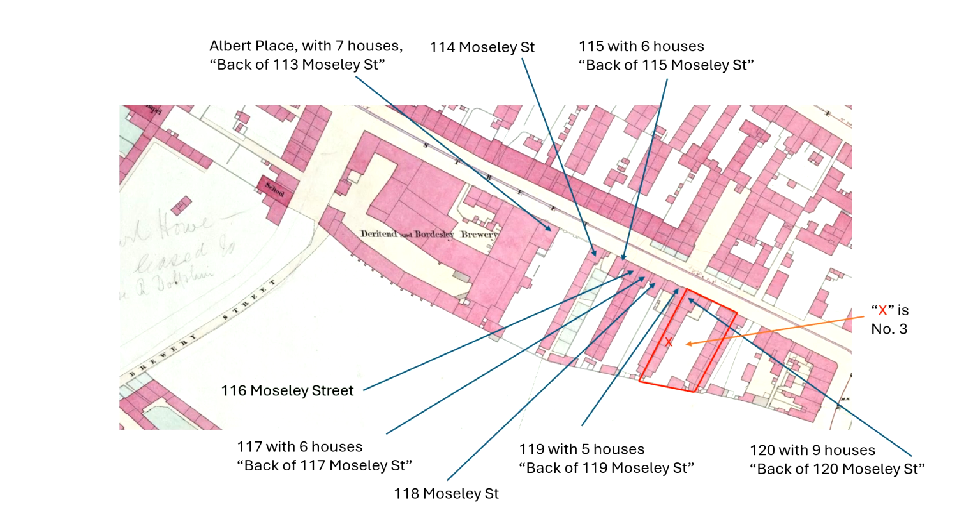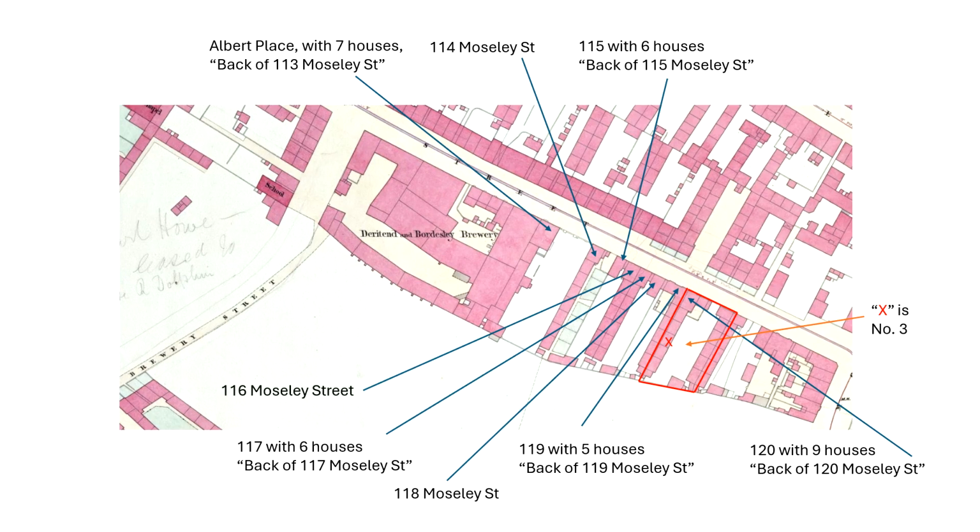But I say almost, because actually the numbers of the houses on Mosley Street didn't quite correspond. To resolve this, I had to get into the mind of the census enumerator. I realised that he was walking down Mosley Street in this southeasterly direction, like I said before, and he visited number 113, and then he went into the yard where there were 7 houses, and he listed them as back of 113, although they were actually at the back of 114.